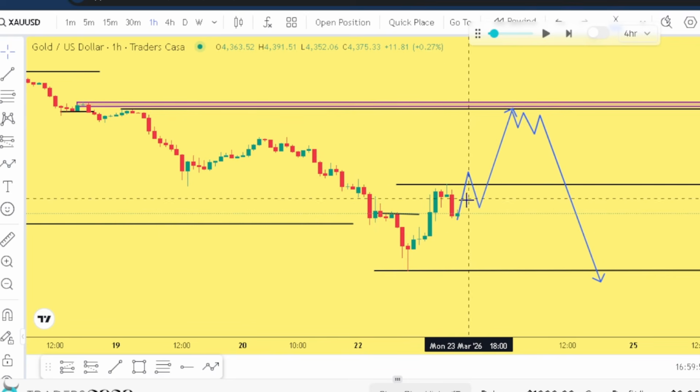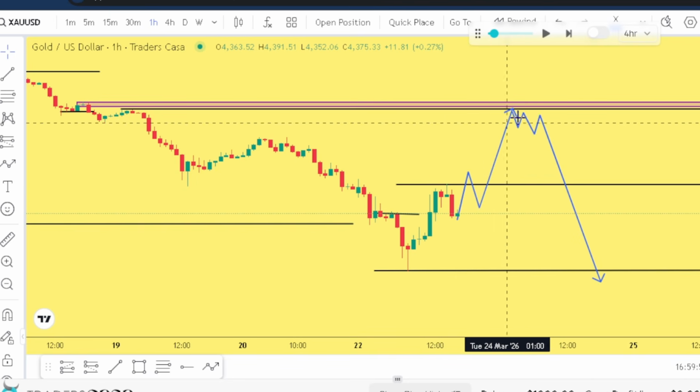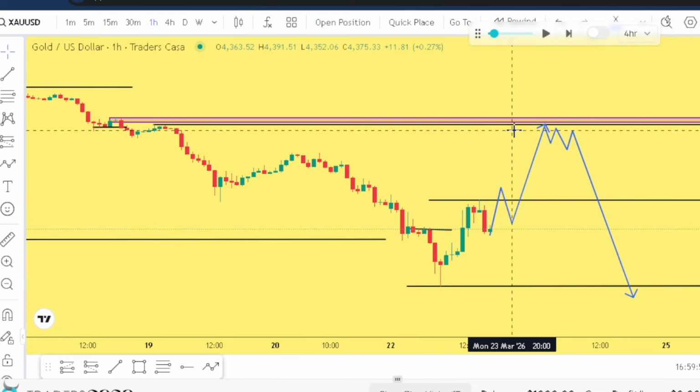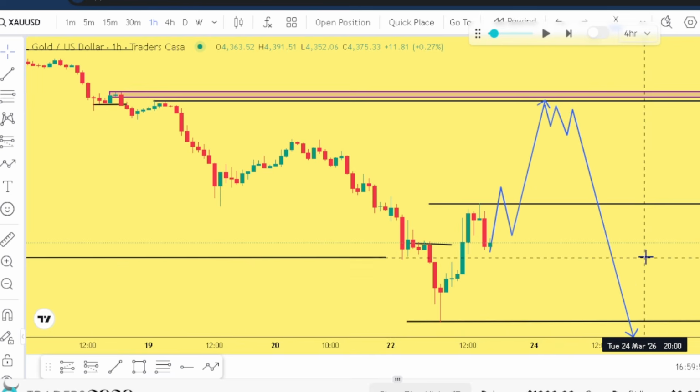If by any chance price breaks above that zone, we get that pullback, take profit above there, and then once price reaches our 4-hour supply, we can now take our sales.